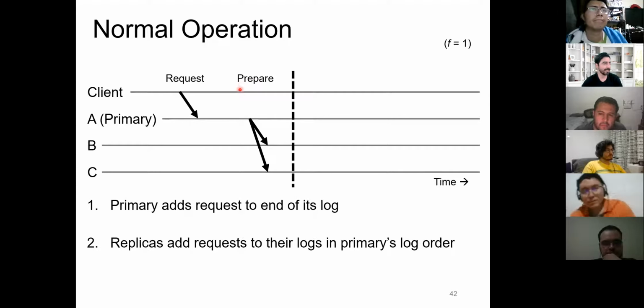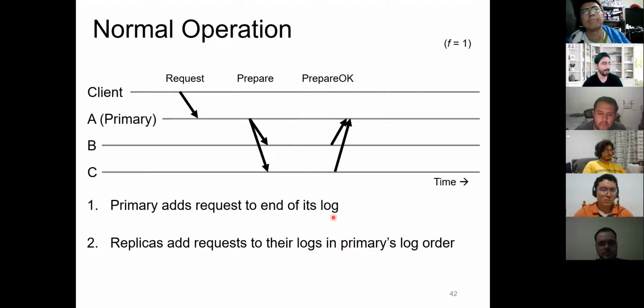Then the primary sends prepare messages to the backups, and replicas add requests to their logs in the primary's log order. Then replicas acknowledge the primary with a PrepareOK message, meaning they got the log and their log is updated.